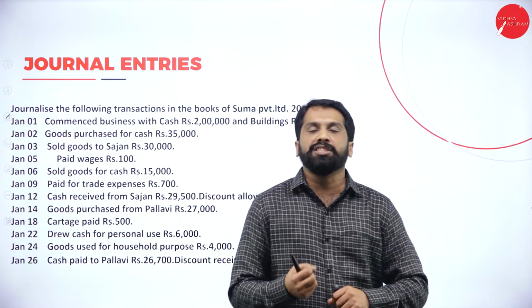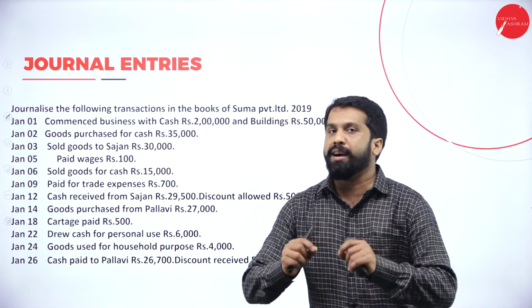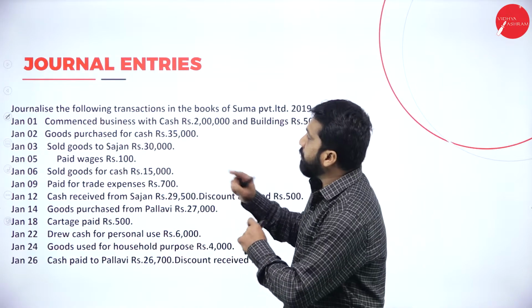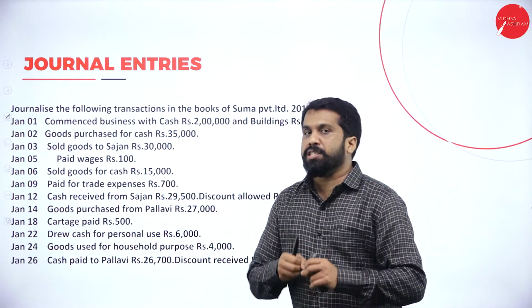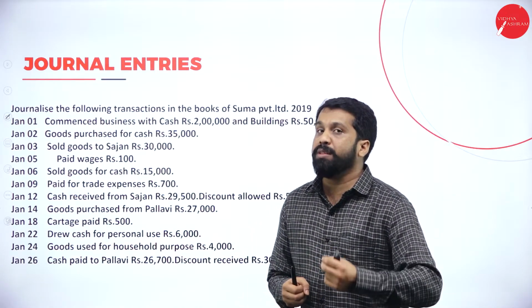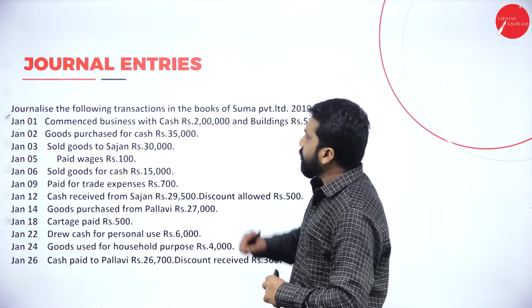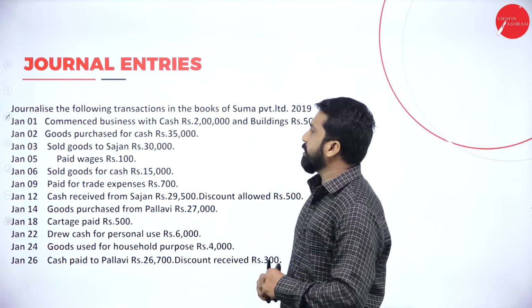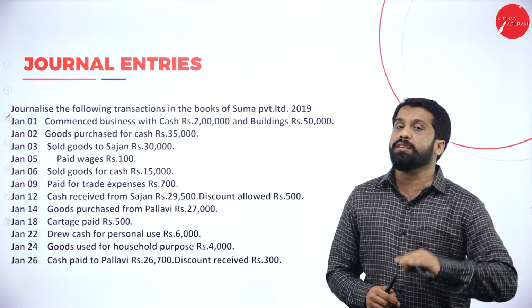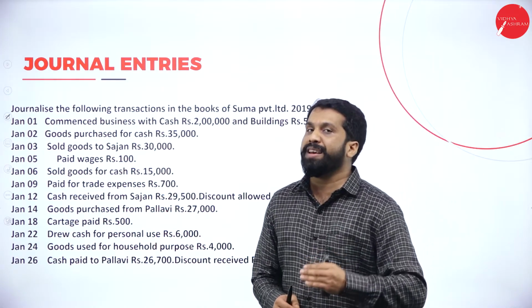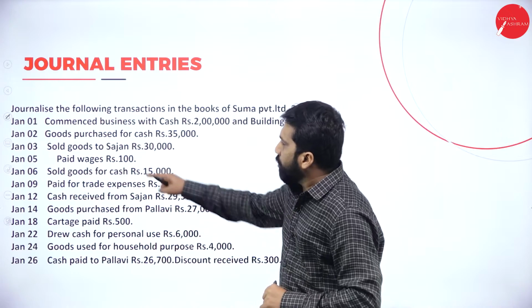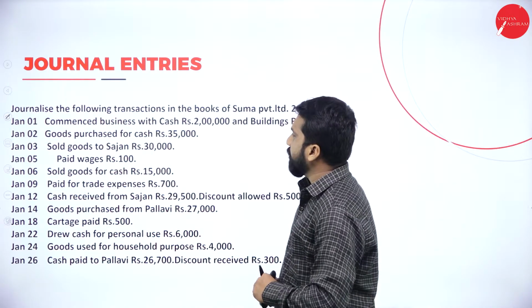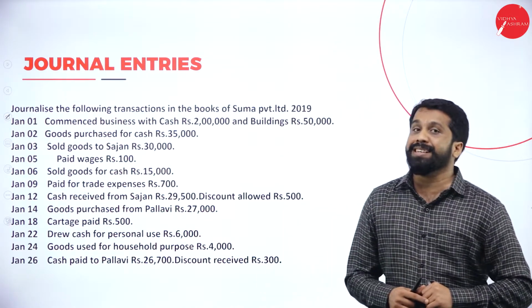You have to understand whether you are receiving cash or paying cash. When you purchase, you will pay, for cash rupees 35,000. Now, cash should be down. Why? Because you are paying cash. Next, sold goods to Sajan. Sold goods to Sajan means it is sales.